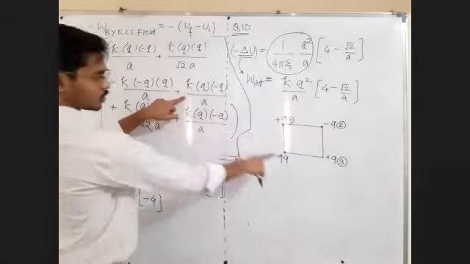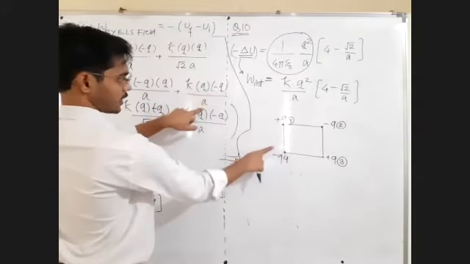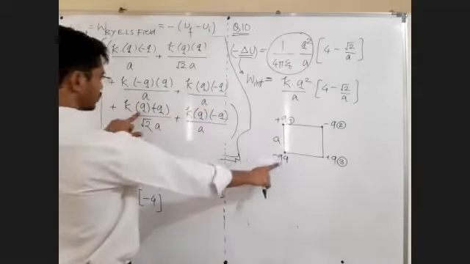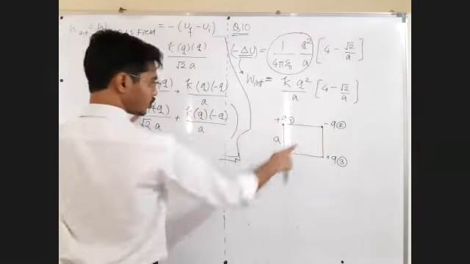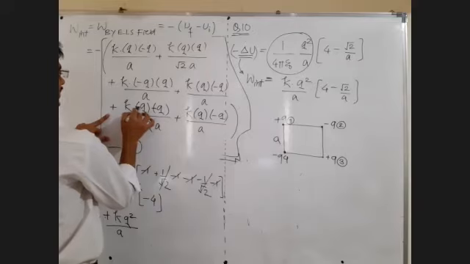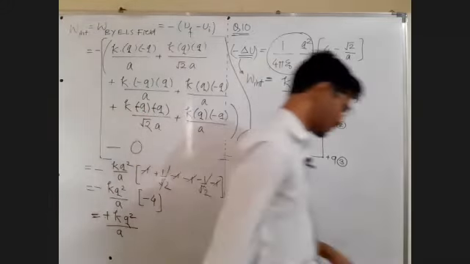This is fourth charge brought in the field of first, that distance A. Perfect, very good. Fourth charge brought in the field of second, Q2, Q4, minus Q, minus Q.